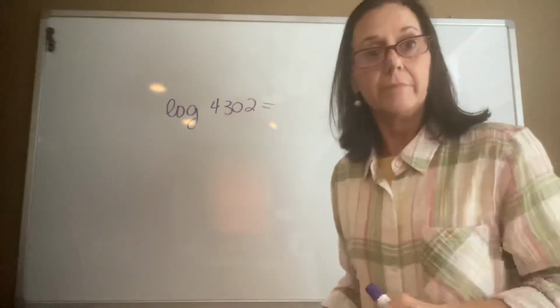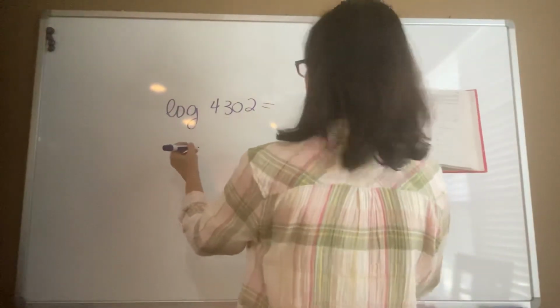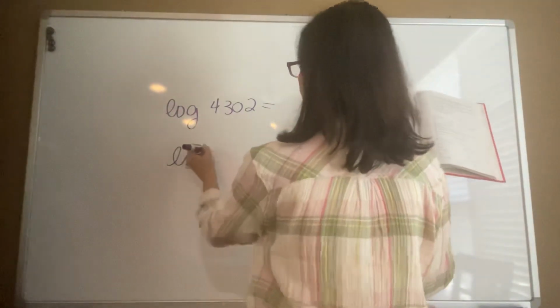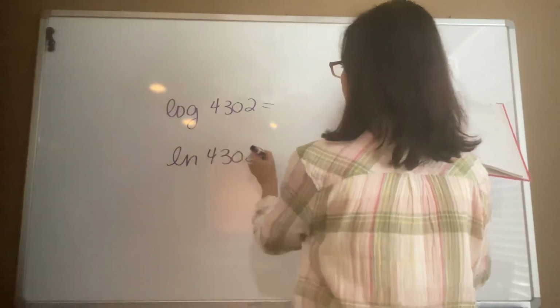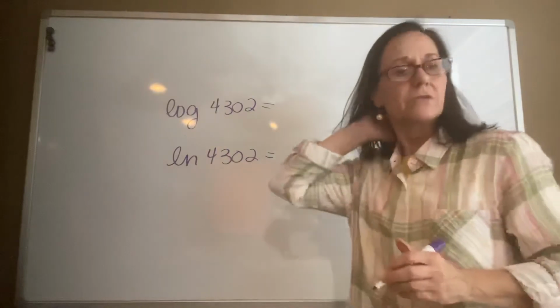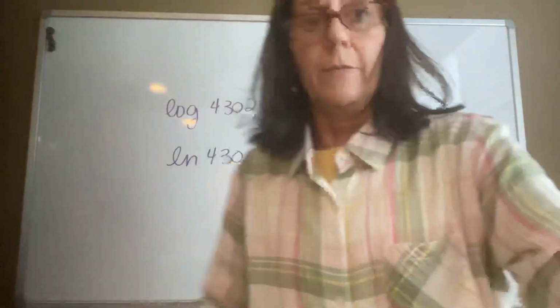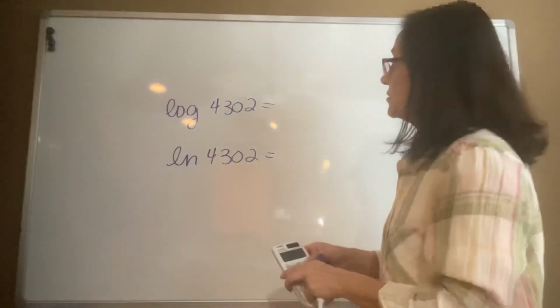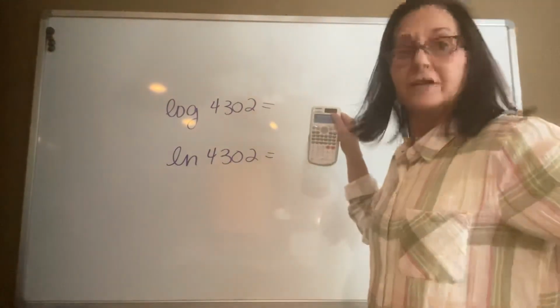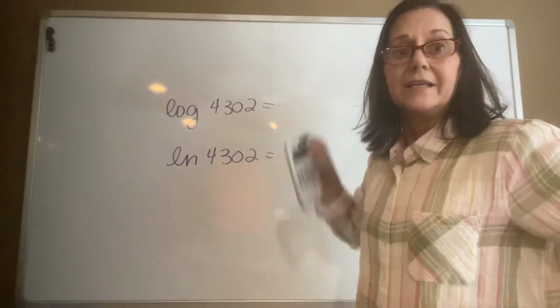So we're going to write it in exponential form afterwards. All right. And then they want the ln of y. So ln of 4302. What does that equal? Remember, the base, E, is really 2.718, some number close to that. So, you would expect this one, E, to a greater number than 10 to a greater number.